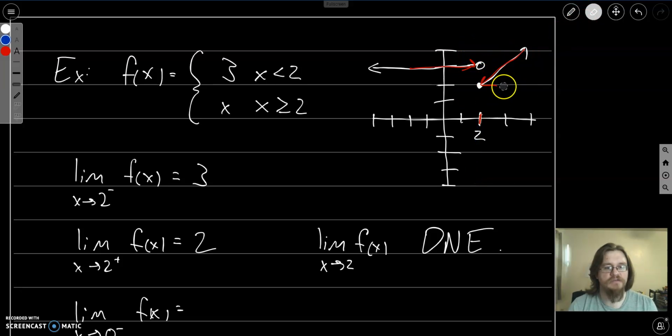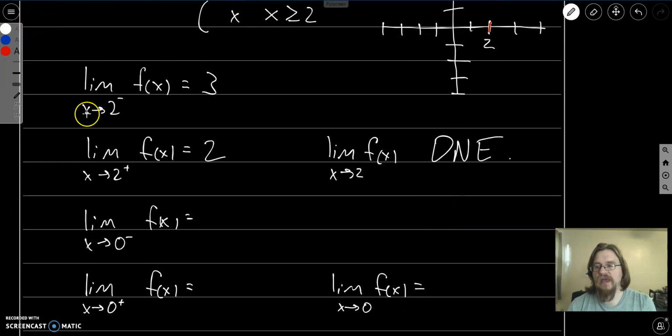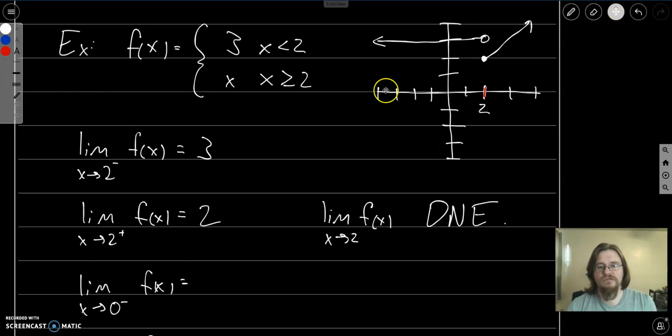So let me erase a few of these. But just because the limit doesn't exist somewhere, it doesn't mean that it doesn't exist everywhere. So let's look at the function as x approaches 0 from the left and the right. So here is where x is equal to 0. It's going to be right at the y-axis.